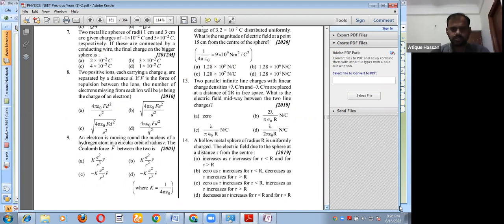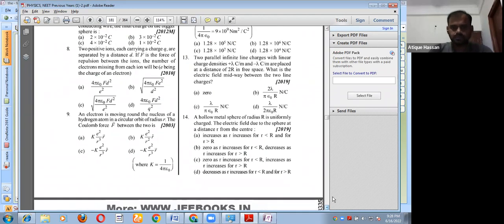The next question is, see question number 14, which we are discussing. A hollow metal sphere of radius R is uniformly charged.